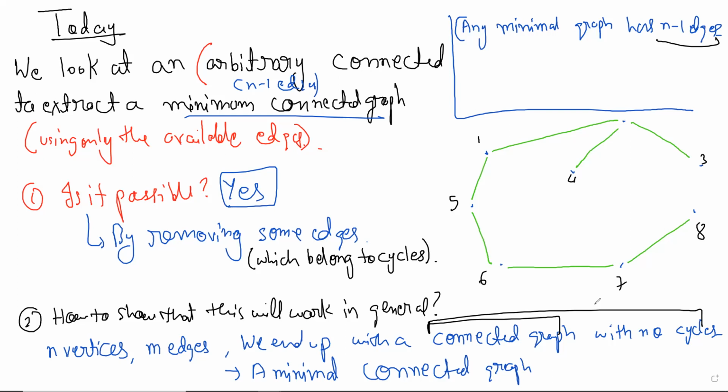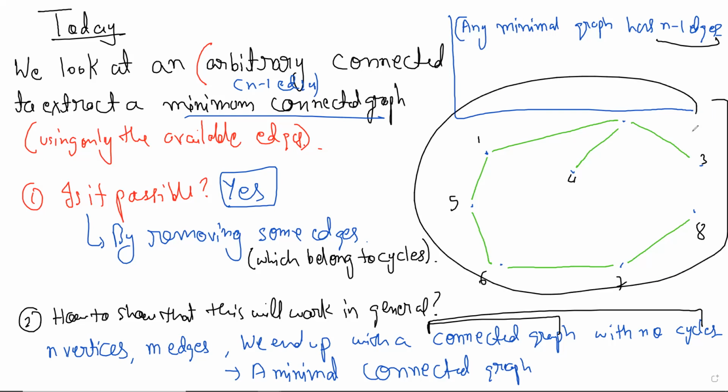Minimal means something that you cannot improve upon. A structure is minimal if you cannot further reduce it. For example, this will be minimal. It doesn't have any cycles, which means that between any two points there is a unique path, so you cannot afford to remove edges from here. So it's minimal. It doesn't mean it's minimum.